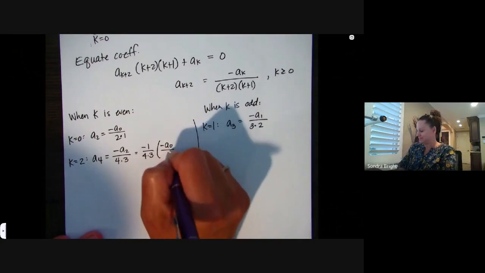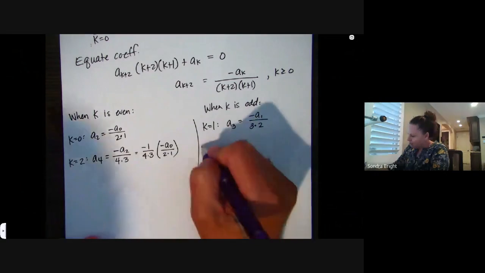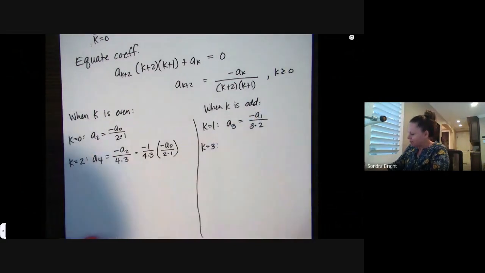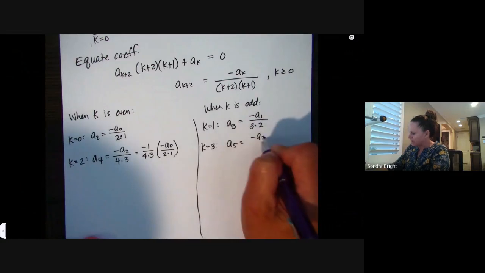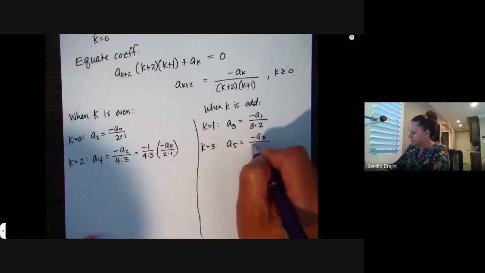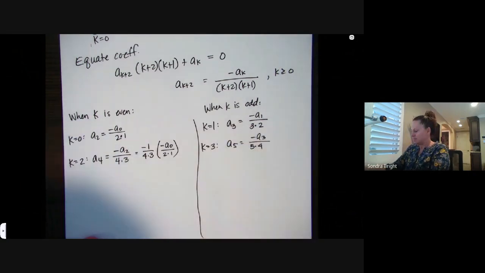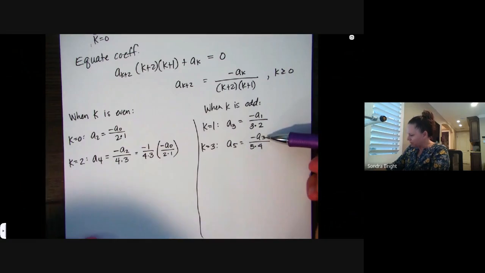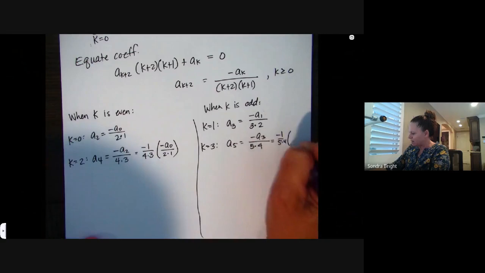Now, when k equals 3, you would have a5 is equal to negative a3 over 5 times 4. But we know what a3 is. It's this guy. So that means this is a negative 1 over 5 times 4, and then times negative a1 over 3 times 2.